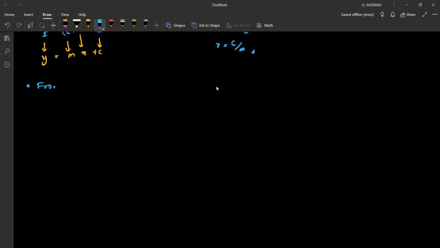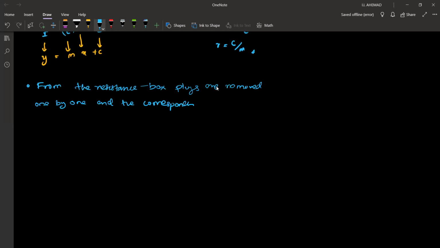From the resistance box, plugs are removed one by one, and the corresponding ammeter reading is obtained.